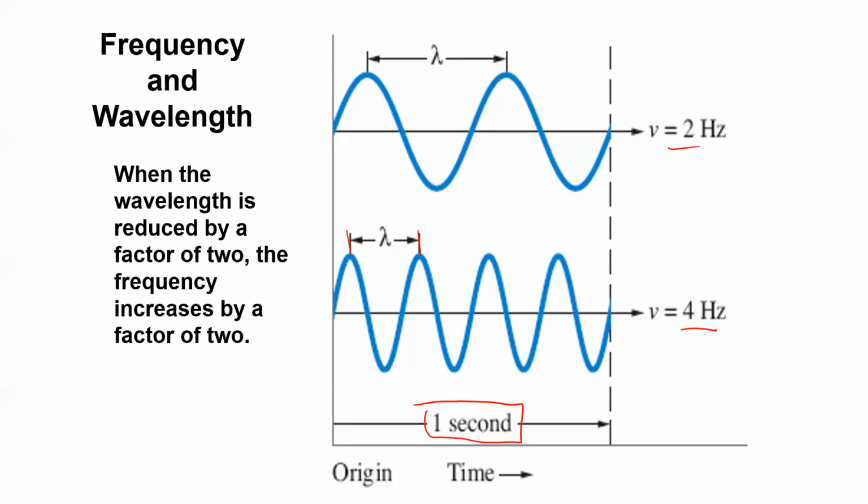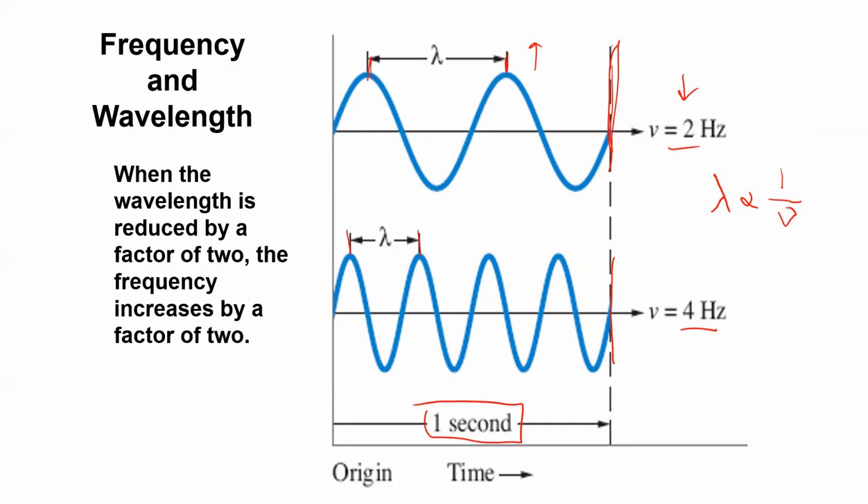And this represents, here I see that it's 2 hertz, representing 2 peaks passing per second at this reference point, versus 4 hertz, 4 cycles per second. So we see clearly that we have wavelength. And how is it related to frequency? Well, if we increase wavelength, so this is an increase in wavelength, frequency decreases. So it's clear that they are inversely related.